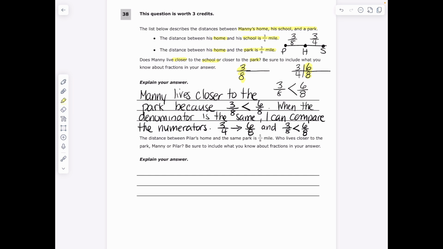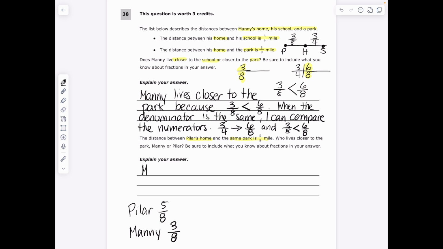And then the second question is, the distance between Pilar's home and the same park is 5/8. Who lives closer to the park? So now Pilar is 5/8, and we know Manny, because we just did it, is 3/8. So who lives closer?